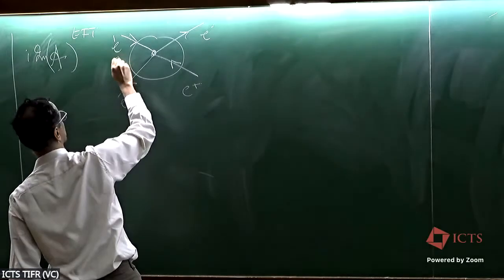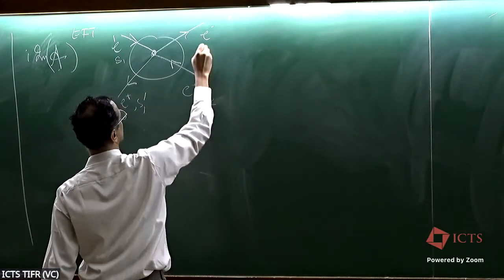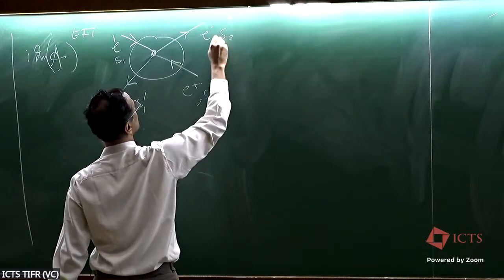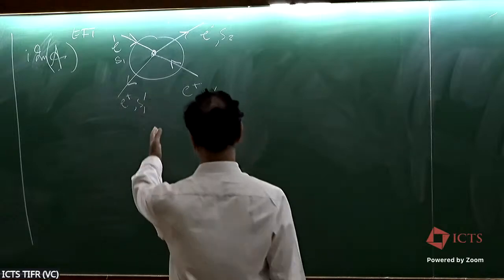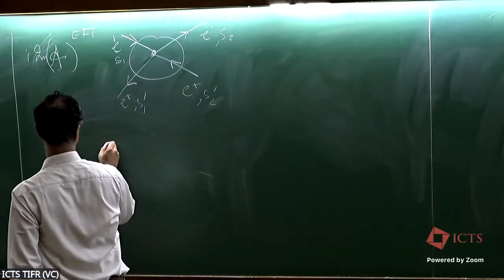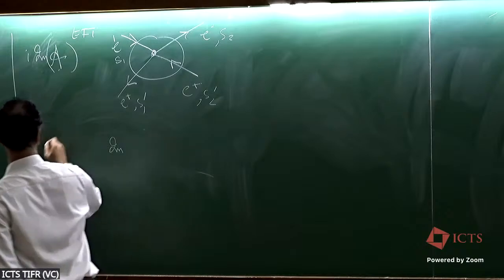So this one is fine. Okay, this is the four-point function, and basically this simply gives me the imaginary part, Im A.